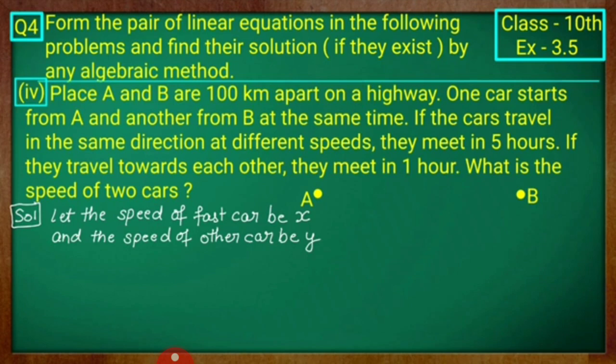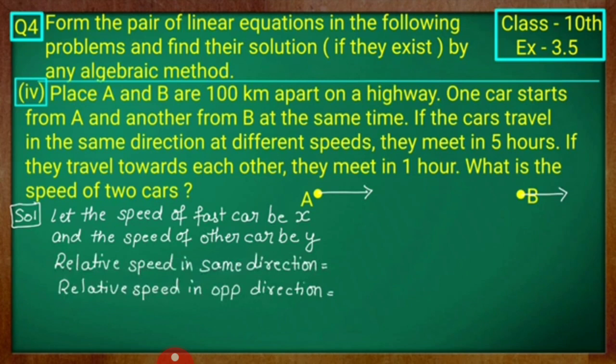Now for the two cases: when these two cars travel in the same direction, the relative speed will be the speed of the fast car minus the speed of the other car, that is, the difference of their speeds, x minus y.